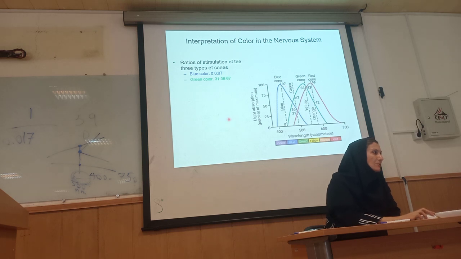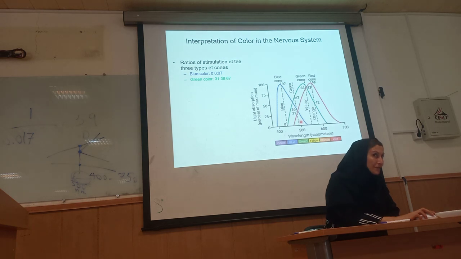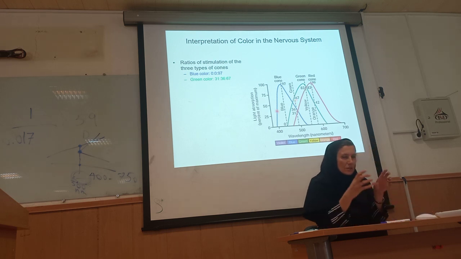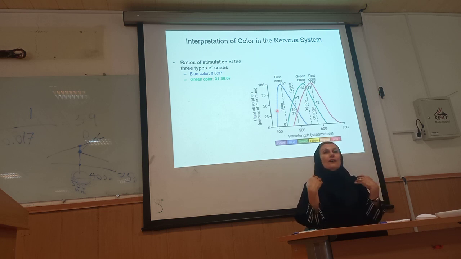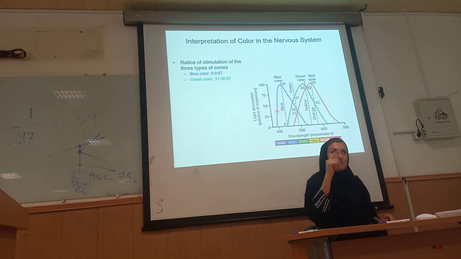But for the green color, your system interprets it if the stimulation of the red cone was 31, blue was and green was 67 or something. So the ratio of them is understood by our central nervous system, not just by one.